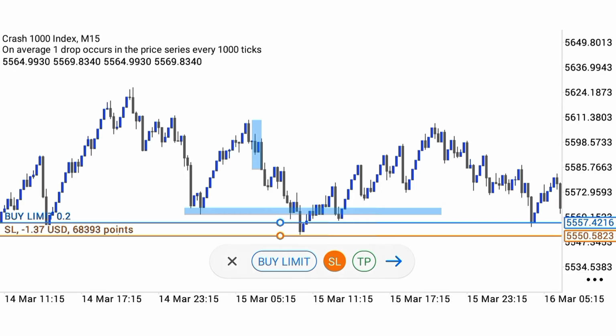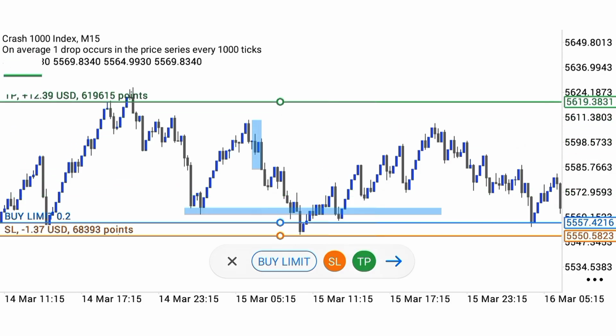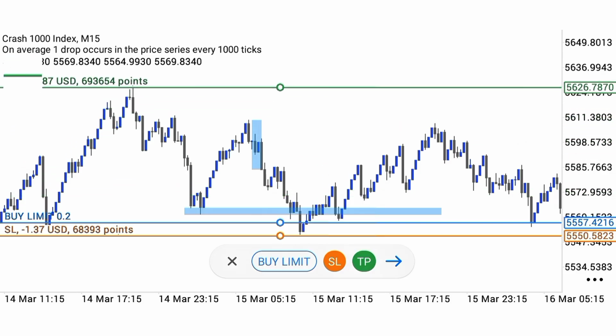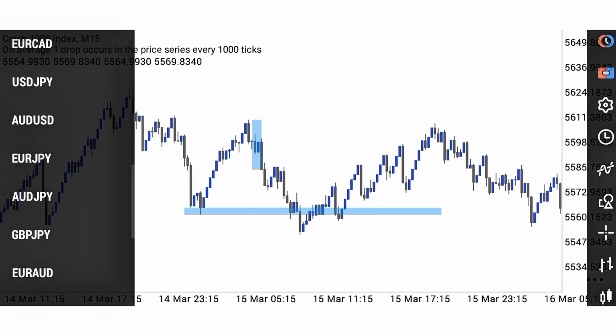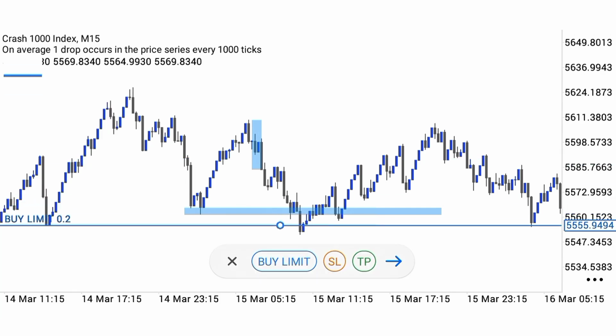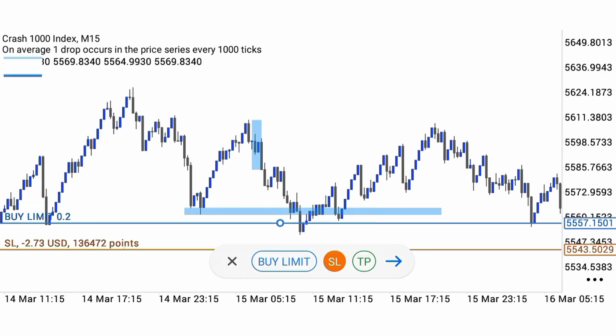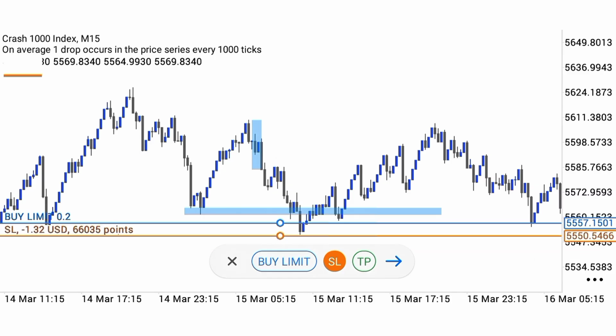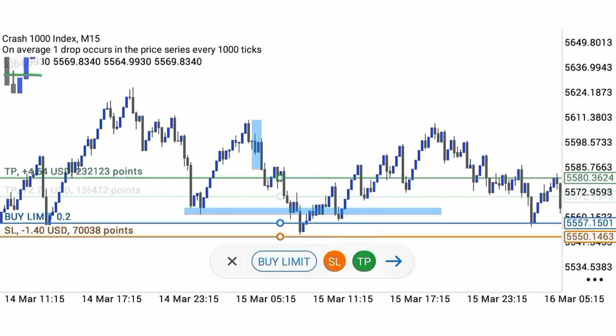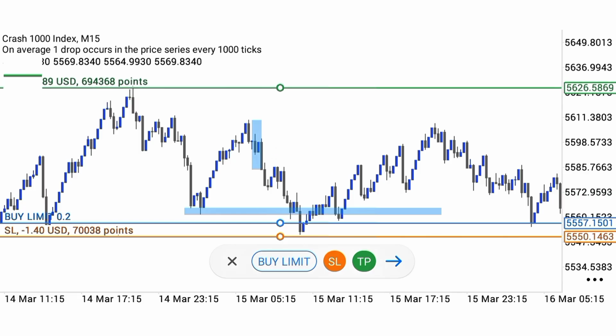Now, if I take a trade with this strategy, I'm going to be losing 1.37, let's say, with the smallest lot size, and this is my take profit target at the next high. So here we place our stop loss a few pips below it, and then our take profit target at the next high.